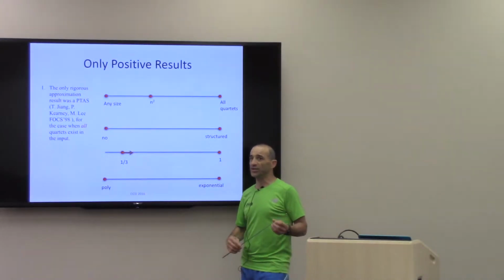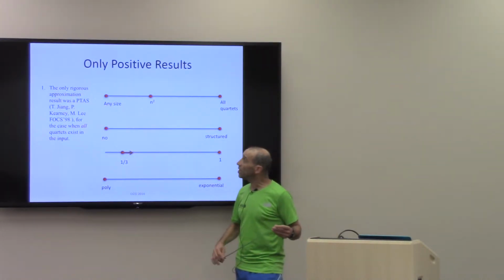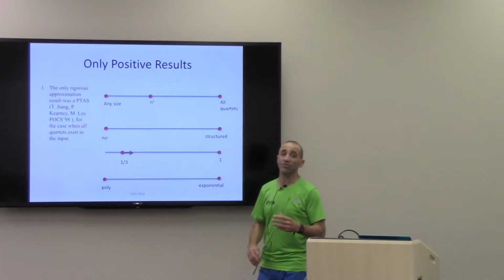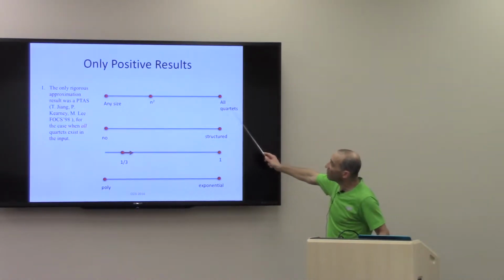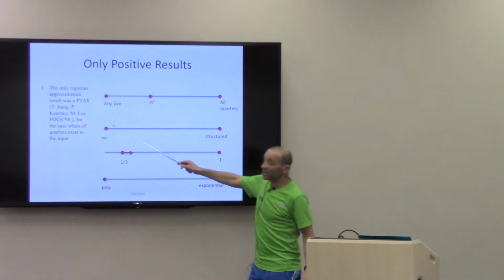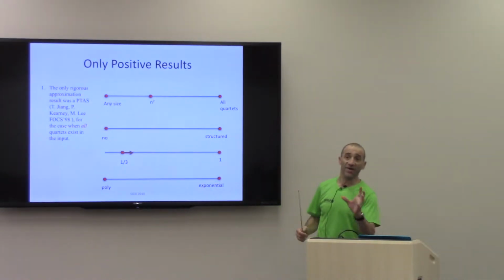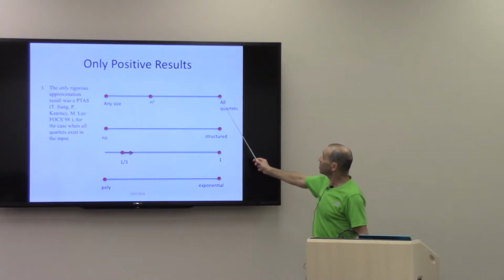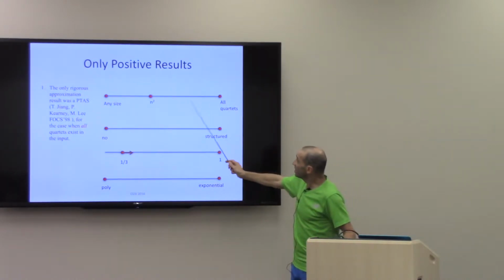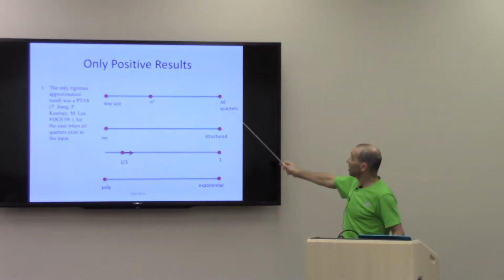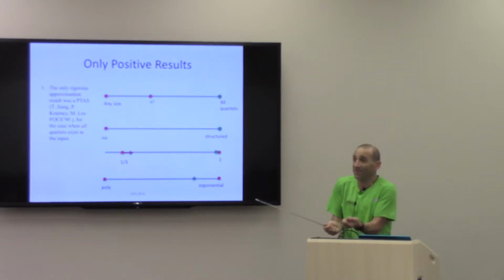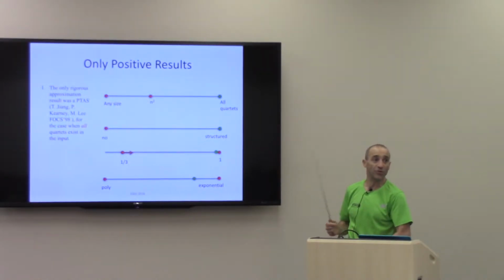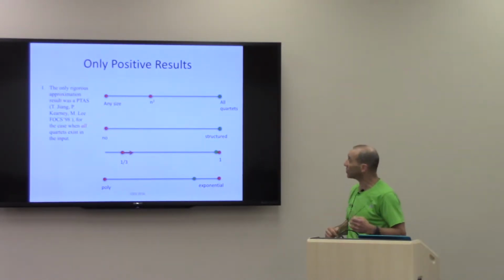Until we started to work on it, the only rigorous result was very restricted. You needed to have all quartets, and they should agree. All quartets is very structured: you have a quartet over every four taxa. It's not only dense, it's also very structured.